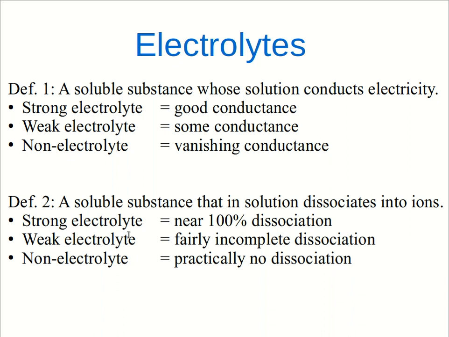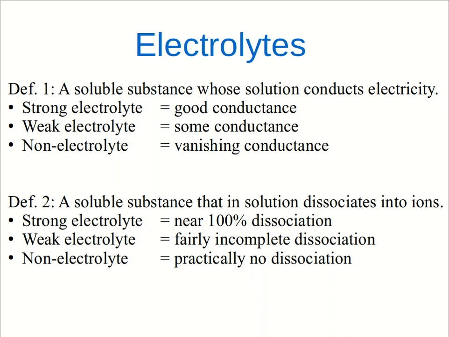The strong electrolyte would form nearly 100% ions. A weak electrolyte would form a few ions, right? Fairly incomplete dissociation or ionization. And the non-electrolyte has no dissociation or practically no dissociation.